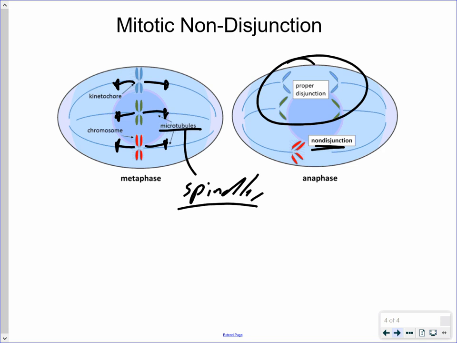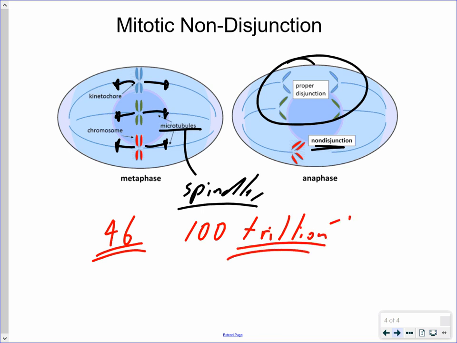Depending upon when this takes place, that might determine how many cells within an individual would actually have an odd number of chromosomes, in other words, a number other than 46 chromosomes. But if you keep in mind that we have maybe 100 trillion cells in our body, and many of these cells are undergoing mitosis, it is probably pretty much guaranteed that not every single one of your 100 trillion plus cells actually has 46 chromosomes.